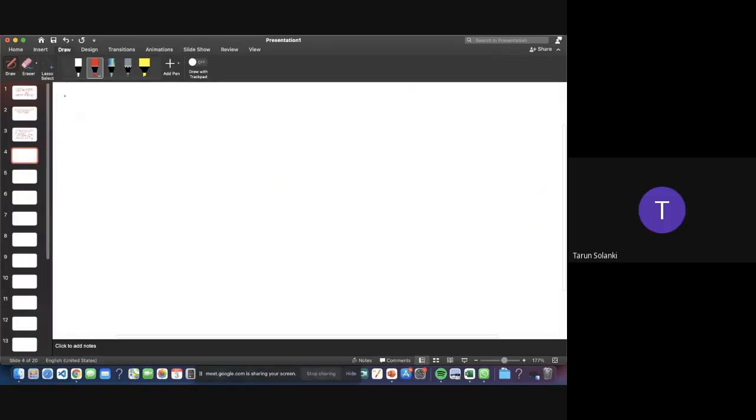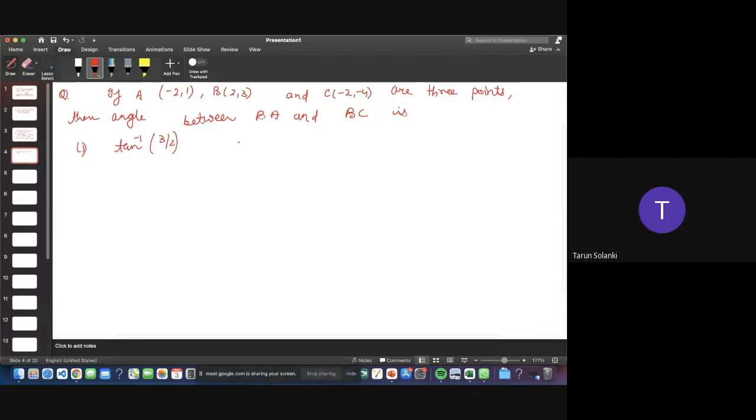Next, the second example: if A is (-2, 1), B is (2, 3), and C is (-2, -4) are three points, then the angle between BA and BC is: the options are tan inverse 3/2, tan inverse 2/3, tan inverse 7/4, and none of these.